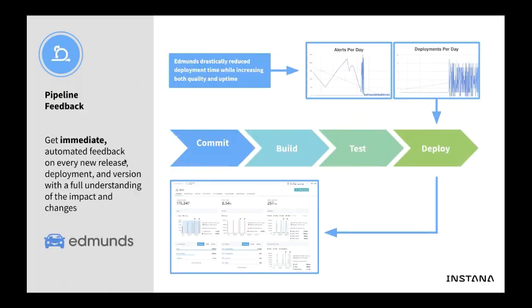Pipeline feedback. As we're doing multiple deployments per day, one of the key things is knowing very quickly whether that deployment is a good one or a bad one. So we've just done a deployment, rolled out a new version of a container, and we want to know very quickly whether we can continue with that rollout or whether we need to abort that rollout and roll back.